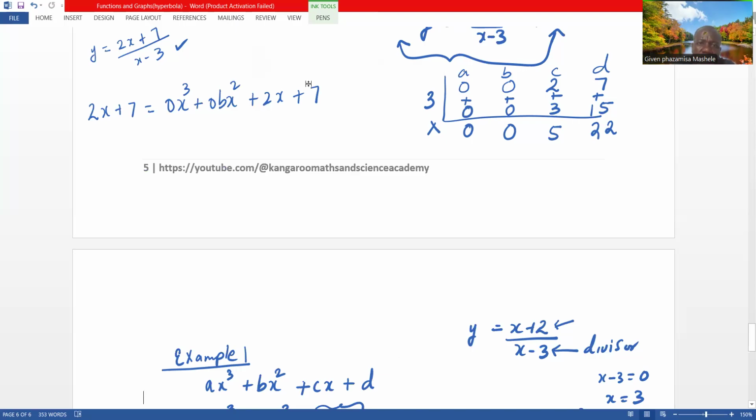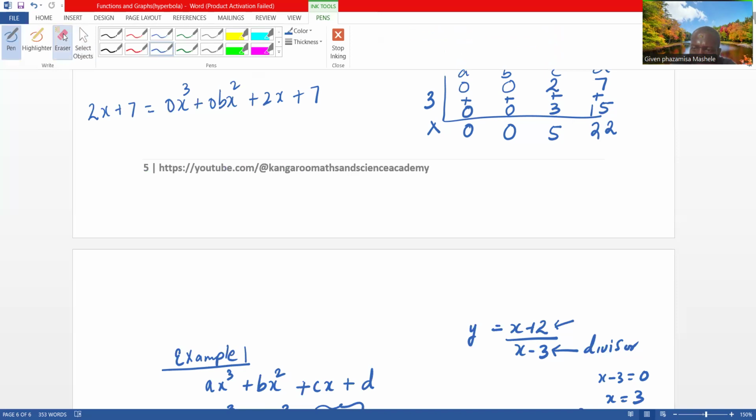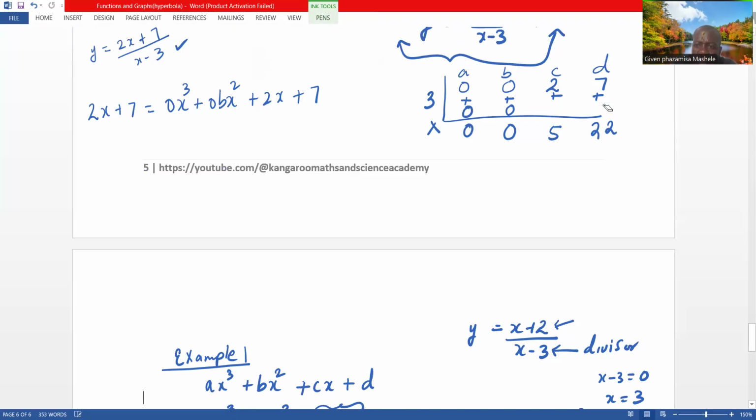Yes, that's my mistake. I can see that something is wrong here, and even this is wrong. Now, 0 plus 0 is 0, 0 times 3 is 0, 0 plus 2 is 2, 2 times 3 is 6, and 6 plus 7 is 13. 13 is the remainder.